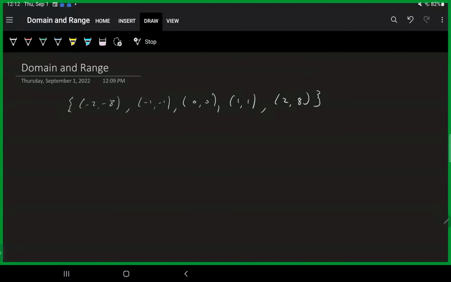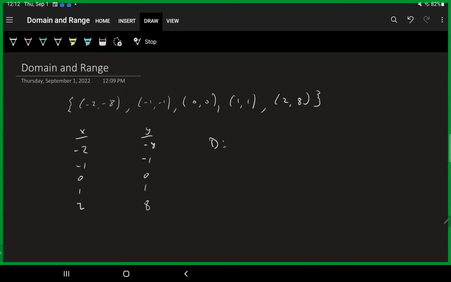points, and you recall I split up my x and y values. So by doing this, I actually found my domain and my range.